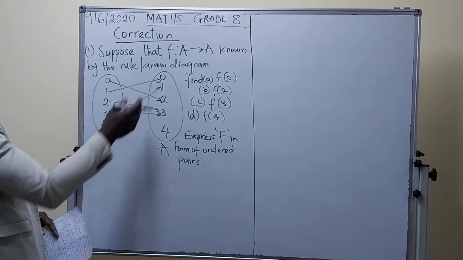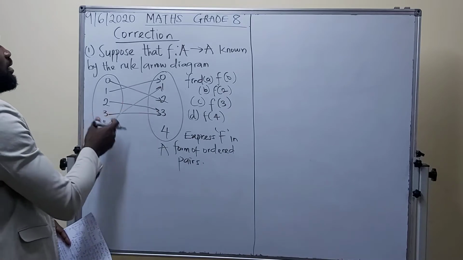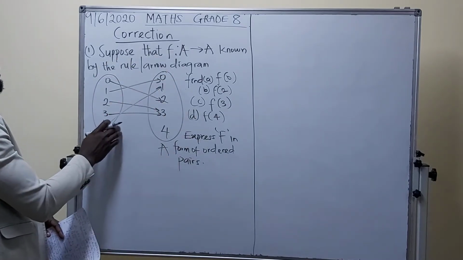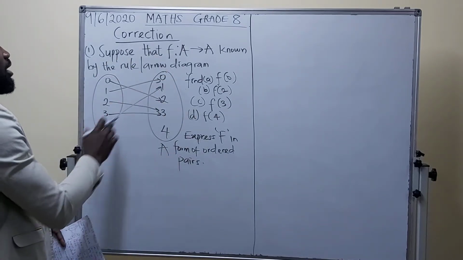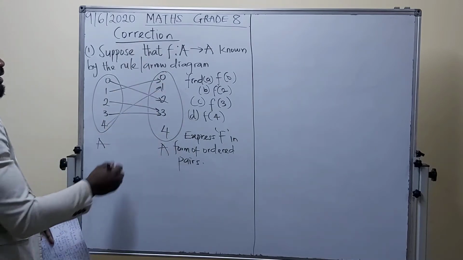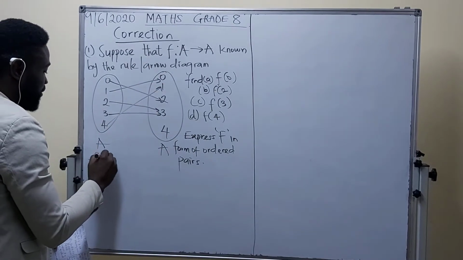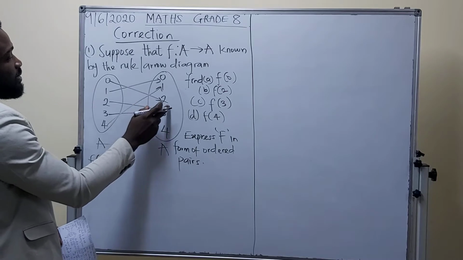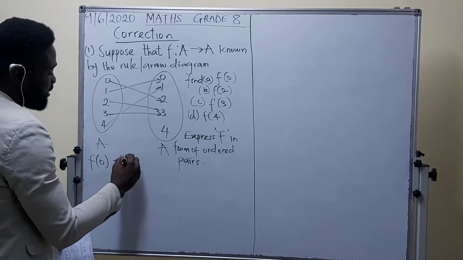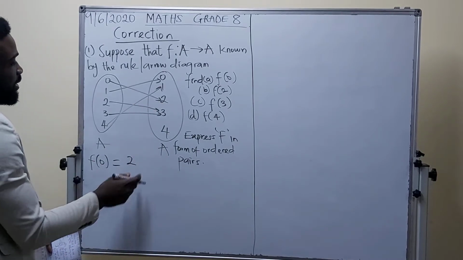I told you the image of an element is the other element that element is arrowing to in the codomain. For example, f of 0 now is arrowing which of the elements in the codomain? 2. So it means the image of 0 here is 2.